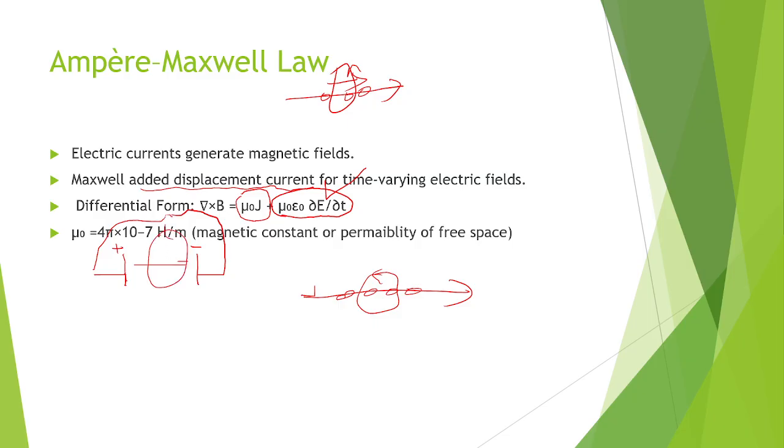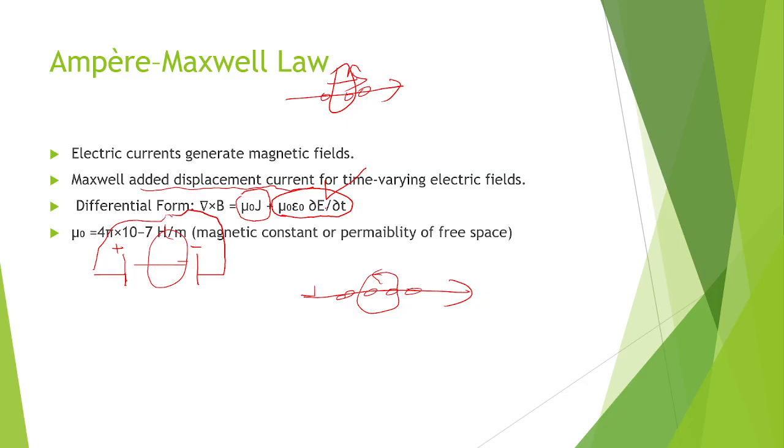The magnetic field is not only around the wire, but in between the plates of the capacitor there is also a magnetic field swirling around, because the number of field lines increases and decreases due to the charging and discharging of the capacitor.